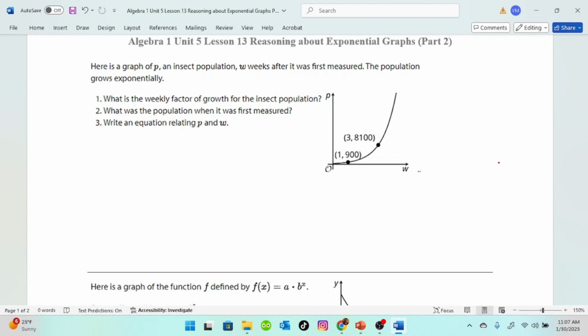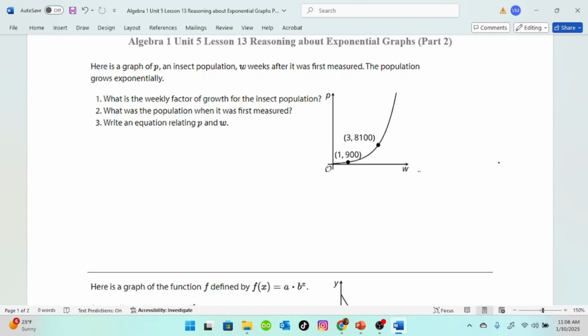Now previously, they had always given us 2 points that were consecutive, and we could simply divide the second y by the first y to find the growth factor. But now they're raising the difficulty a little bit because the points they give us are not consecutive.